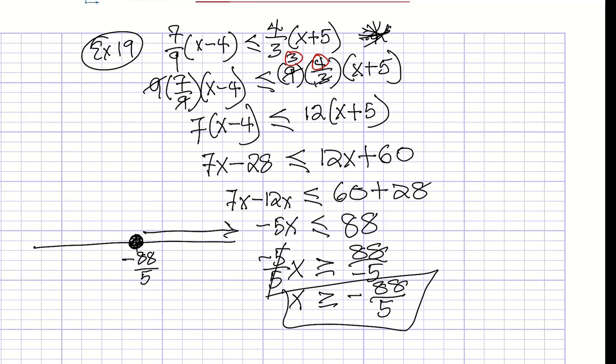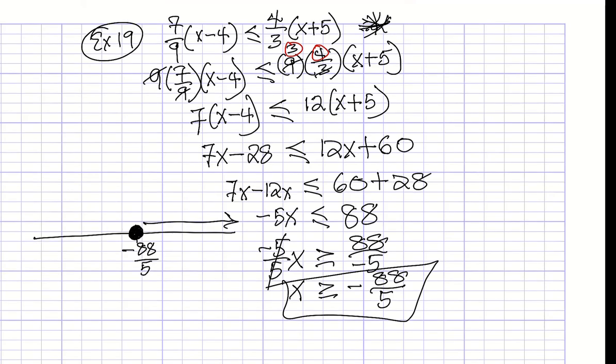So you shade that in, it's included. Since the point is included, we need to include it like that. Okay, I'm making a mess, sorry. So you make it like that, -88 over 5, and then positive infinity. Okay, see right there. It never includes positive infinity, like it's not going anywhere. It's still gonna go because we don't know where it stops. So anyway, we did that one.